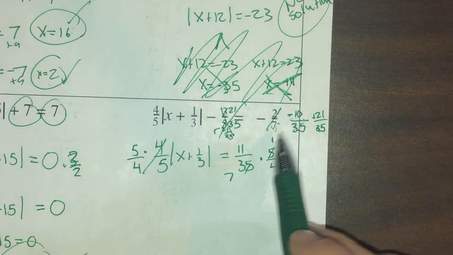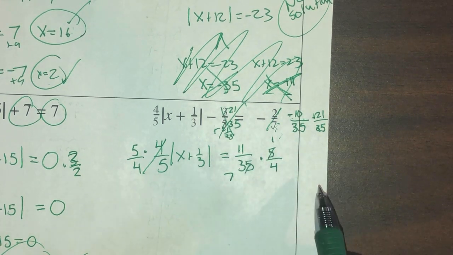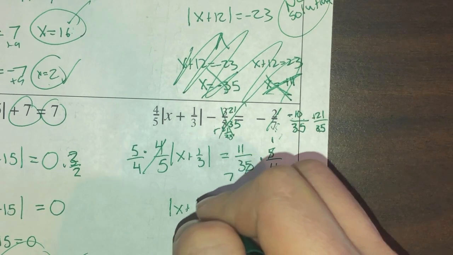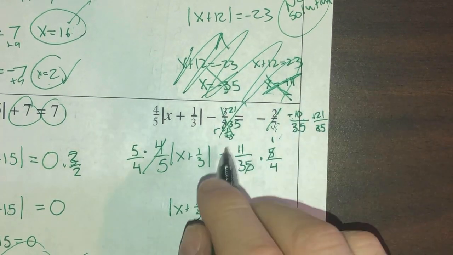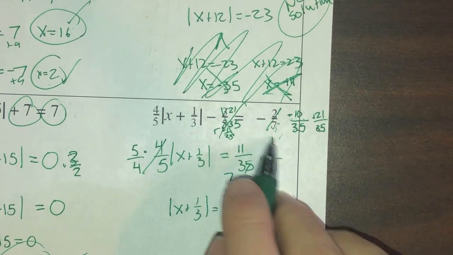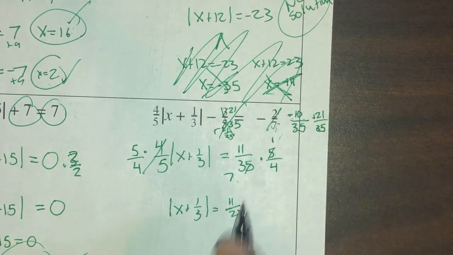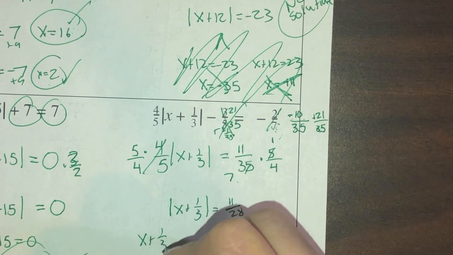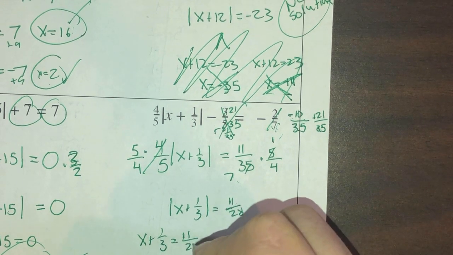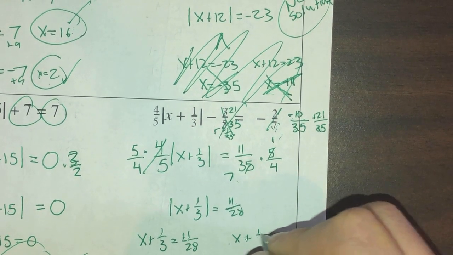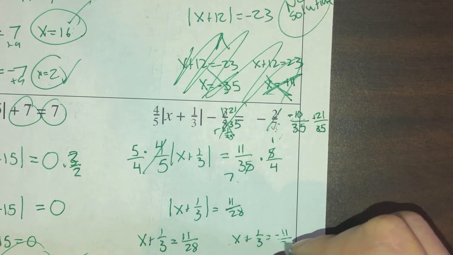That's the only cancellation I can do because these are prime. So that leaves me with x plus 1/3 is equal to 11 across the top, 28 across the bottom. So x plus 1/3 is equal to positive 11/28, or x plus 1/3 is equal to negative 11/28.